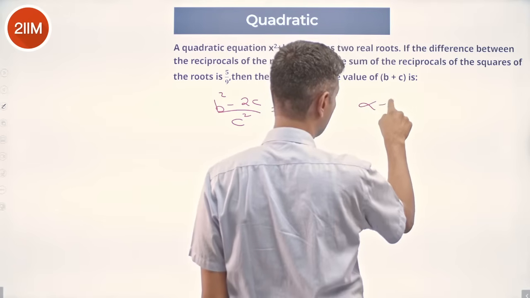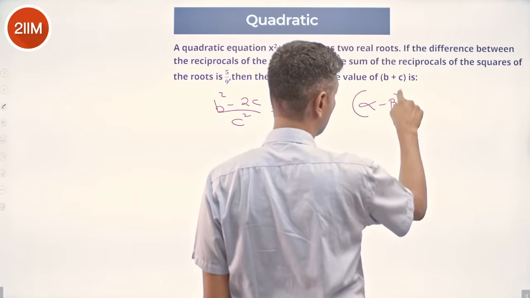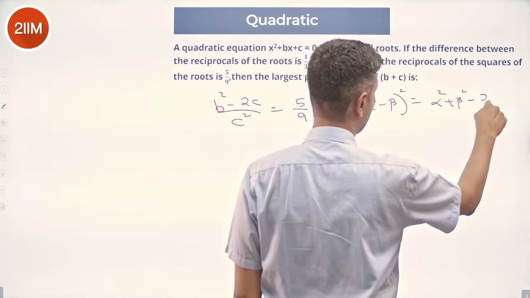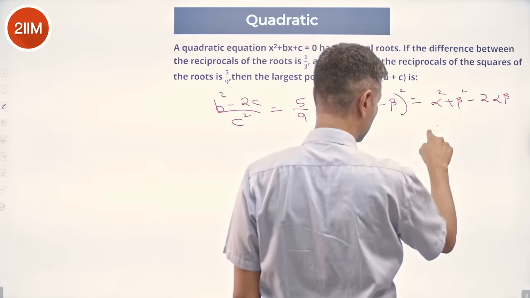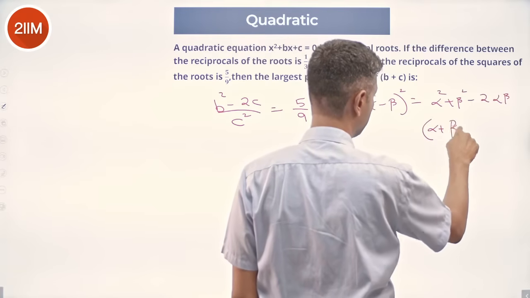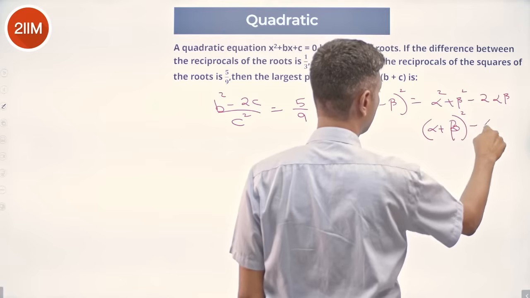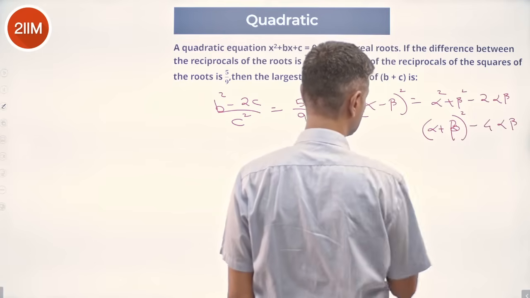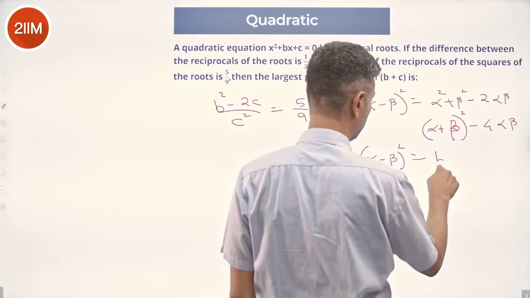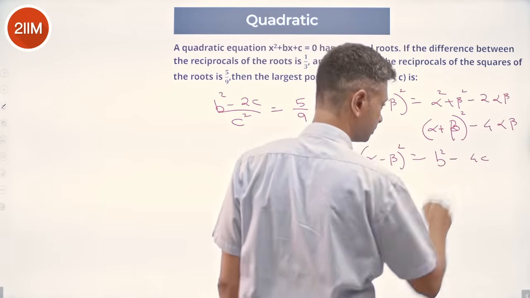Now, if you think about alpha minus beta the whole square, this is alpha square plus beta square minus 2 alpha beta, or alpha plus beta the whole square minus 4 alpha beta. So alpha minus beta the whole square is b square minus 4c.